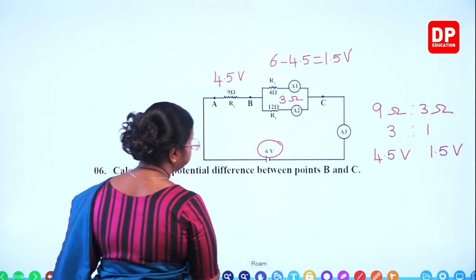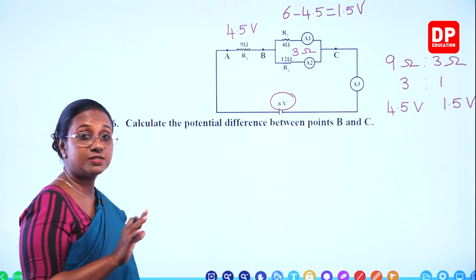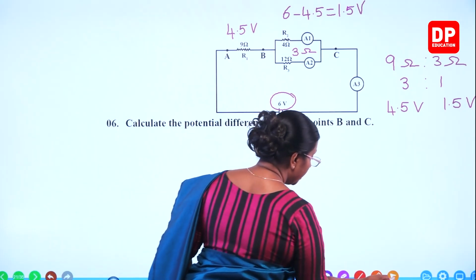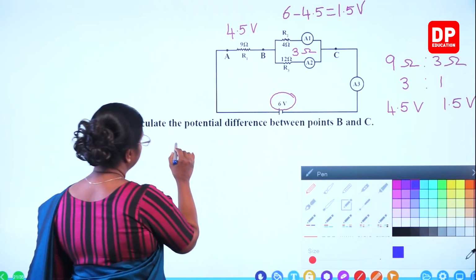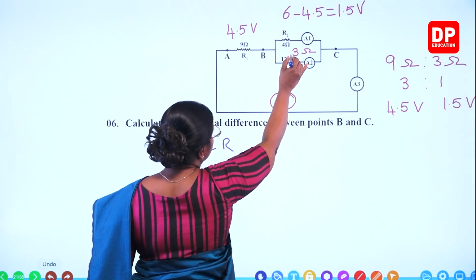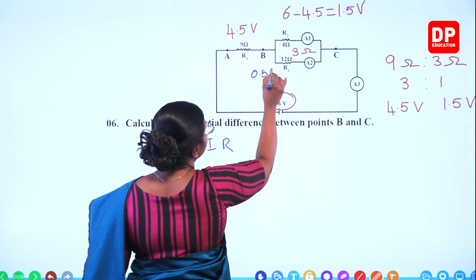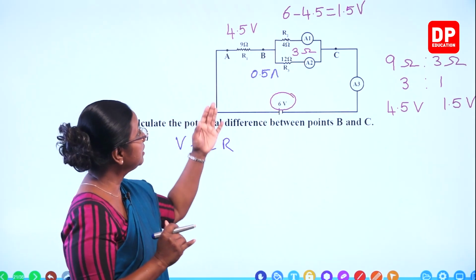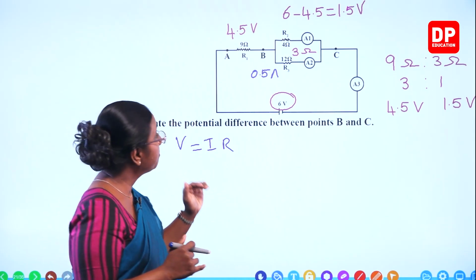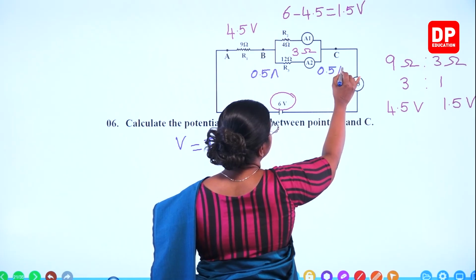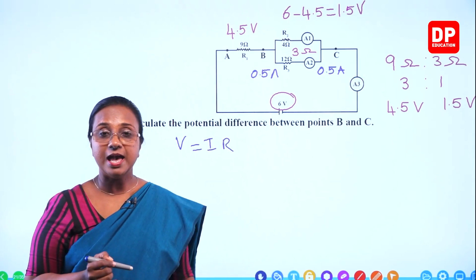At the same time, we are used to calculating all these quantities using the equation for Ohm's law. So how do we do that? V equals IR. Now what is the current? Through B, you all know 0.5 amperes enters into this component. Then it divides between R2 and R3, but at this point it combines again to become 0.5 amperes.